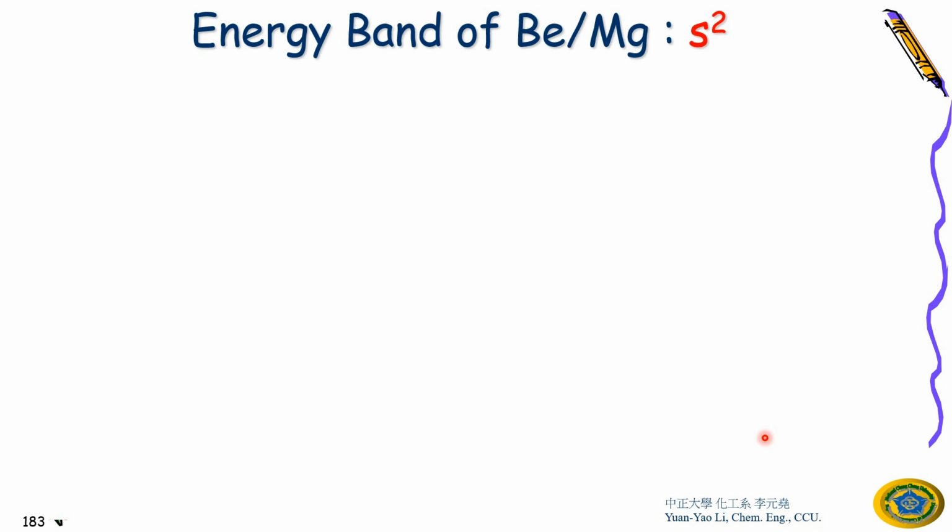Once we explain the electrical conductivity for the s orbital with only one electron, now let's take a look at the s orbital with two electrons.